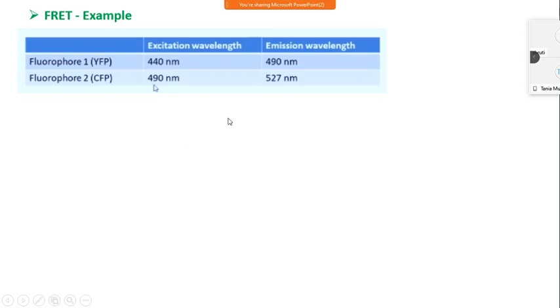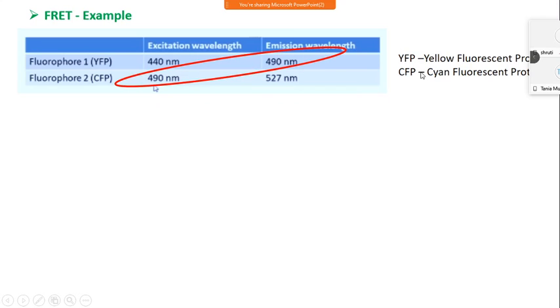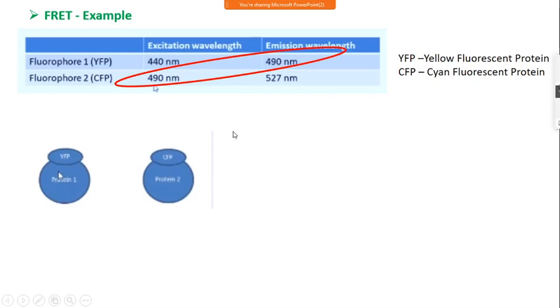So I am discussing the example here. We give light of 40 nanometer, and we get the emission of the first fluorophore at 490 nanometer. As we already discussed the overlap between lights, I have highlighted this. I am taking two fluorophores: one is yellow fluorescent protein, mentioned here, and the other is cyan fluorescent protein.